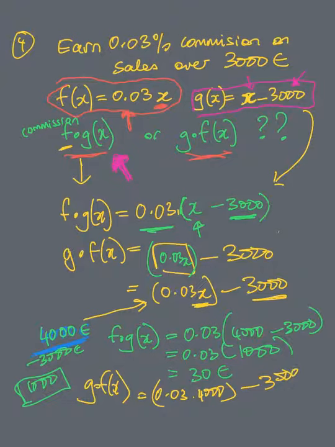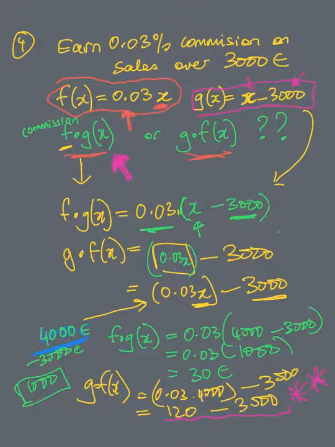That doesn't look so healthy because that's 120 minus 3,000. So that means that's a negative number. You can't earn a negative commission unless you crashed into the office and broke everything and he docked all your salary and then you still had to pay all the bills.